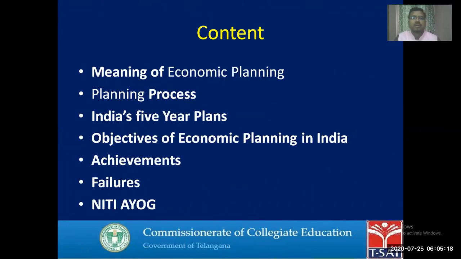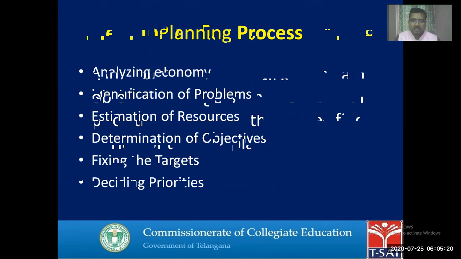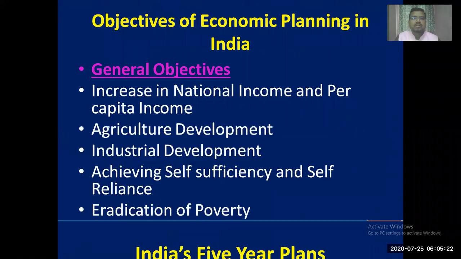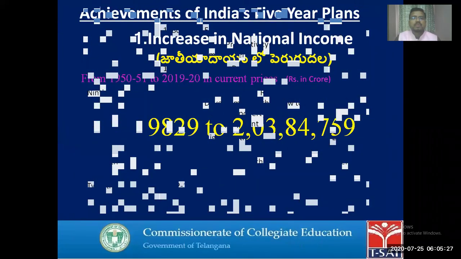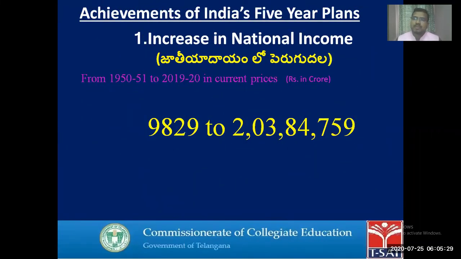So we have already seen these in the last class. So today we start with the achievements of India's 5-year plans. As we have seen in the last class, the objectives. One of the objectives of India's 5-year plans was increase in national income.